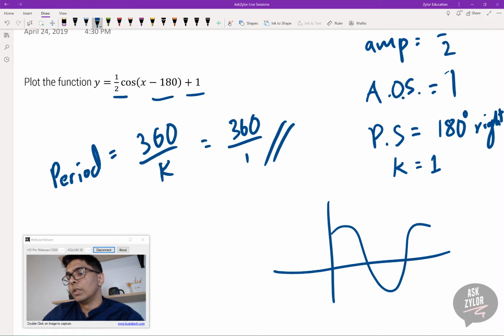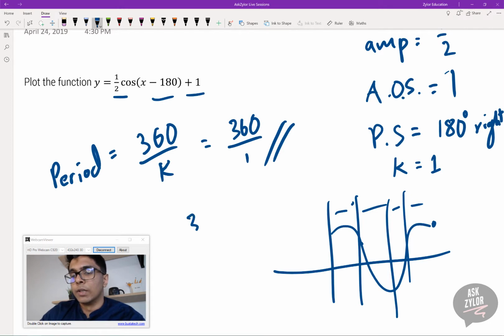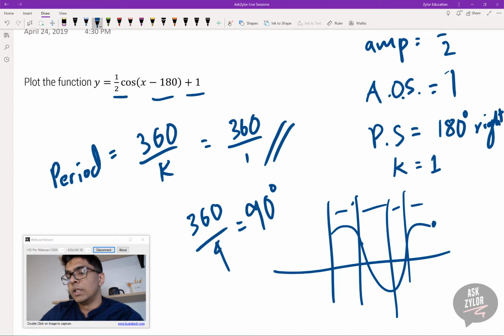So this is what it usually looks like, I have 4 parts like that. I can figure out the distance of each of those 4 parts by doing 360 divided by 4 to give me 90 degrees, so each component of my graph is going to be just that 90 degrees.